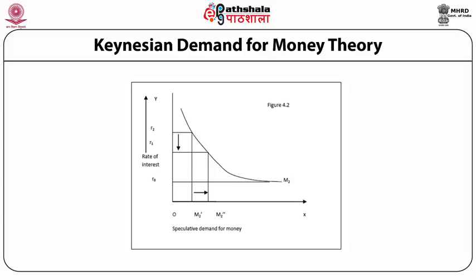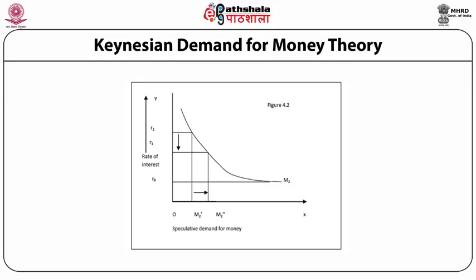When the rate of interest is OR2, demand for money for speculative purpose is low at OM2 prime. When the rate of interest decreases to OR1, the demand for money for speculative purpose increases to OM2 double prime. At a very low rate of interest, the curve becomes parallel to the OX axis.